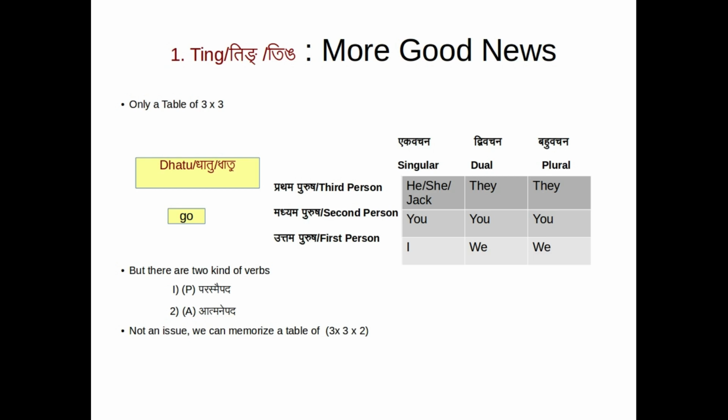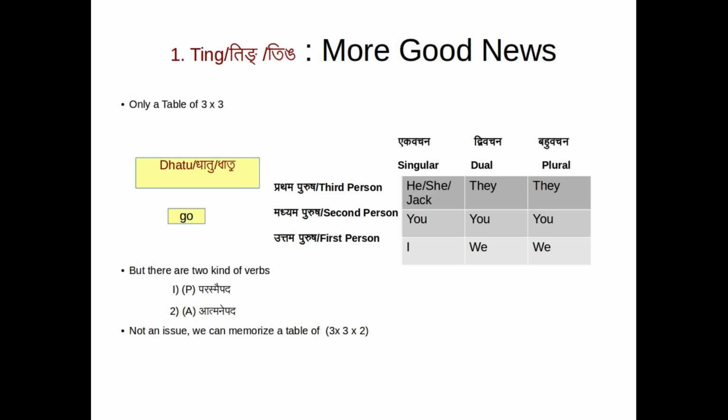That means first person singular or third person dual, etc. So, if we want to say she goes, we will apply a ting pratyaya to modify the verbal root, that is the dhatu related to the action go, and then use the modified form.